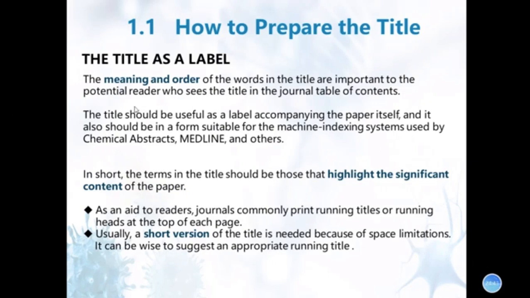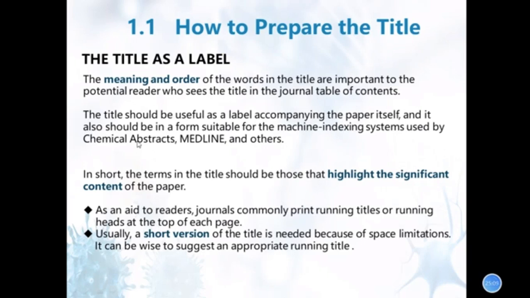Also, we should pay attention to the meaning and the order of the words in the title, for they are important to potential readers who see the title in the journal table of contents. So the title should be useful as a label that accompanies the paper itself.